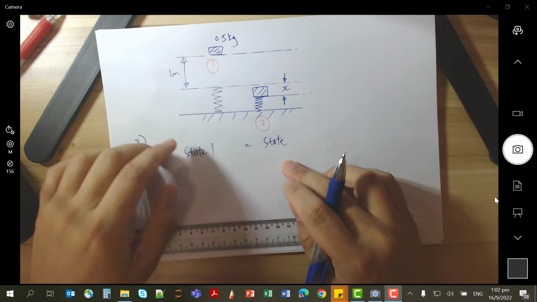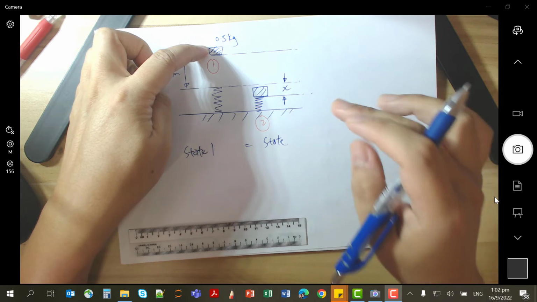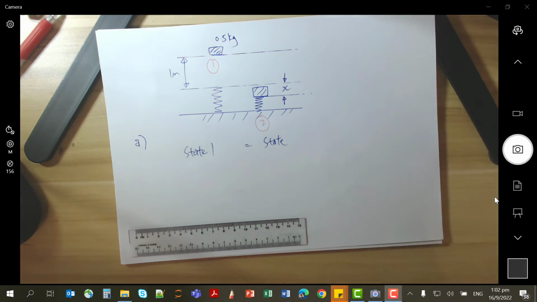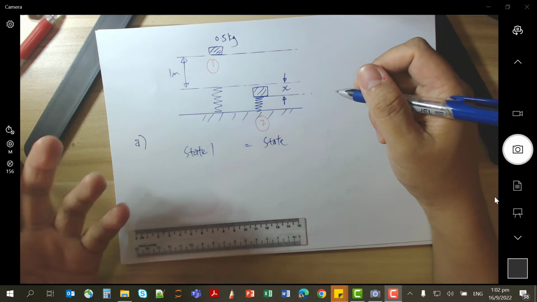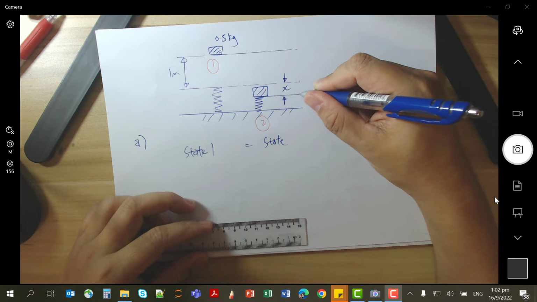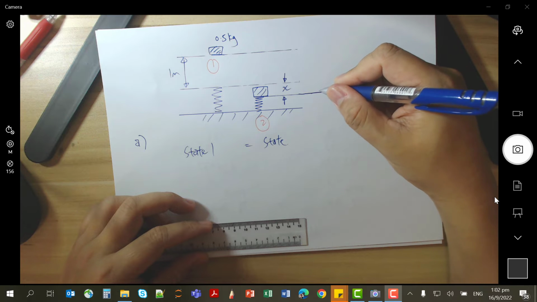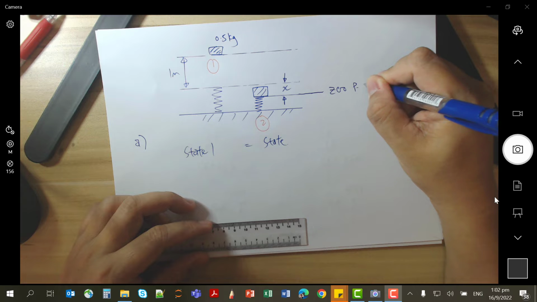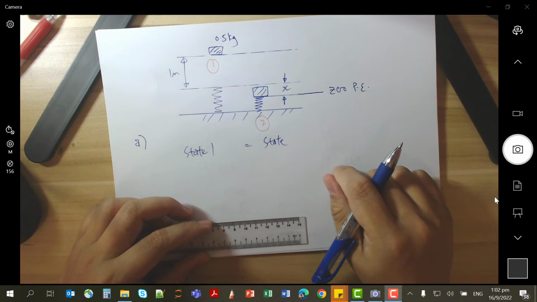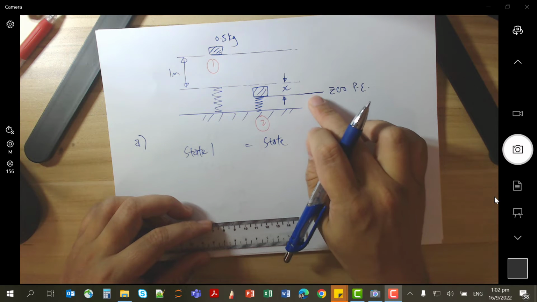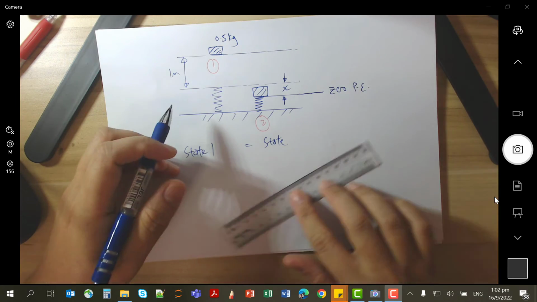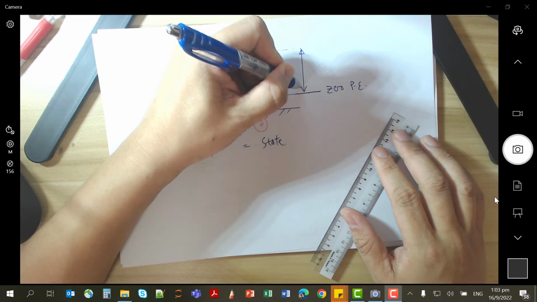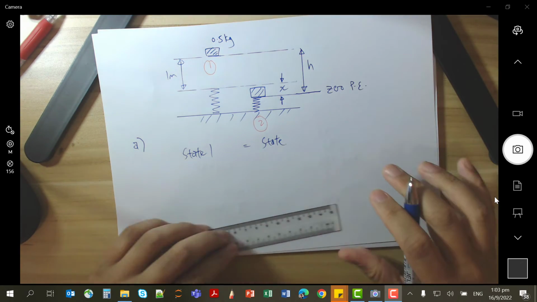State 1, the height is here. State 2, the height is here. You want to specify one of them as the 0 PE line for your convenience. Usually we define the lower point, so at this height is your 0 potential energy. With this defined, the height for state 1 is now this value, your h.